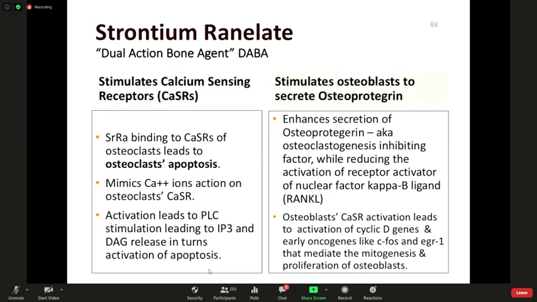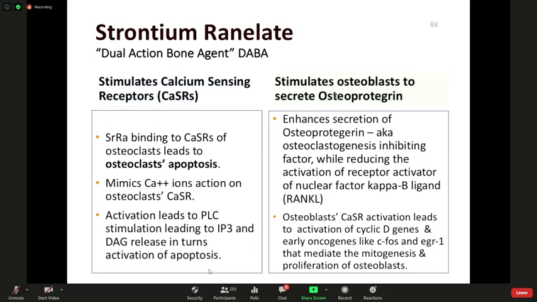It is both anti-resorptive as well as anabolic. And the anti-resorptive effect is because it stimulates the calcium sensing receptors, and this then leads to osteoclast apoptosis. So it's this pathway that leads to the apoptosis of the osteoclast.